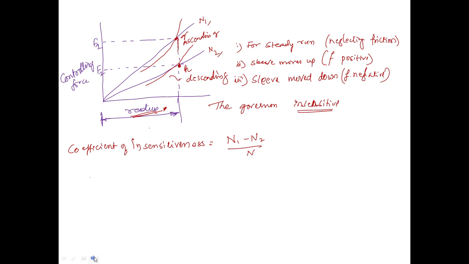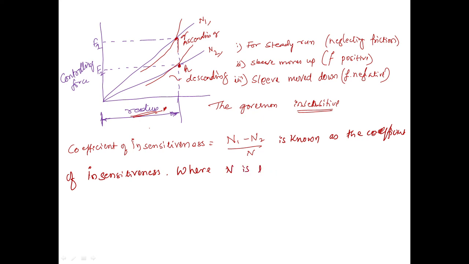So this is known as the coefficient of insensitiveness, where n is the corresponding speed neglecting friction.